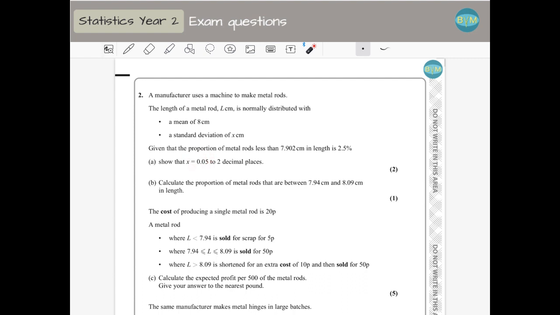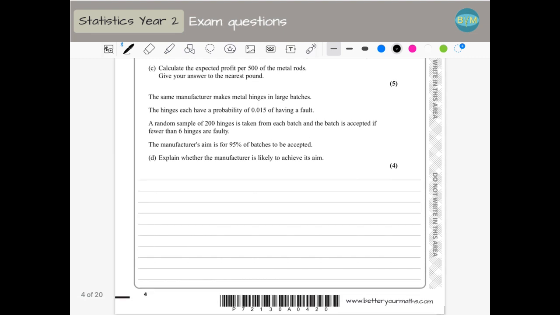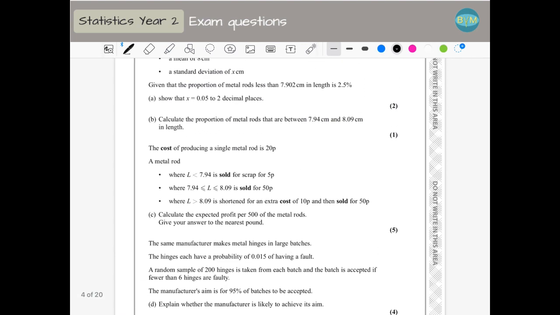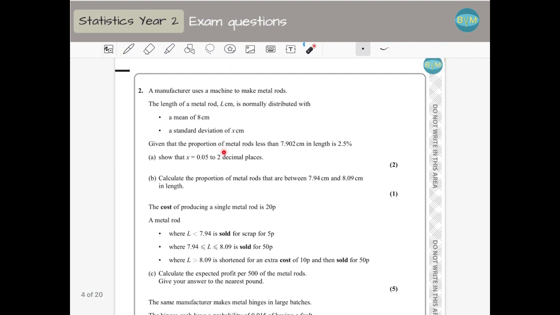Remember, when I don't know the standard deviation or the mean or both, we are going to standardize our normal distribution. So we can use the calculator with normal 0, 1 and find the values that we are missing. Let me show you. L is normally distributed, the mean is 8, the standard deviation is unknown, and they are always going to give us a clue to find the standard deviation, which is this line here.